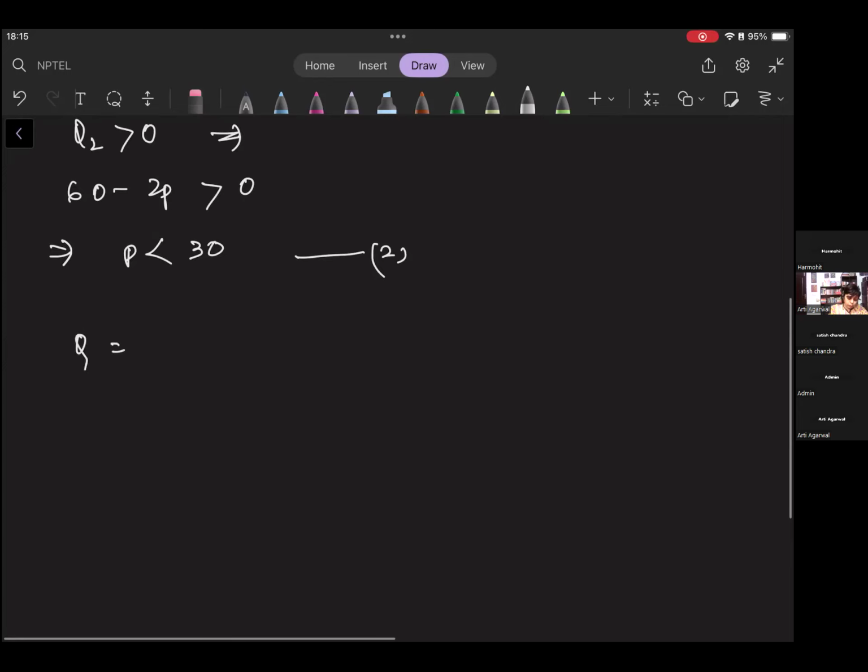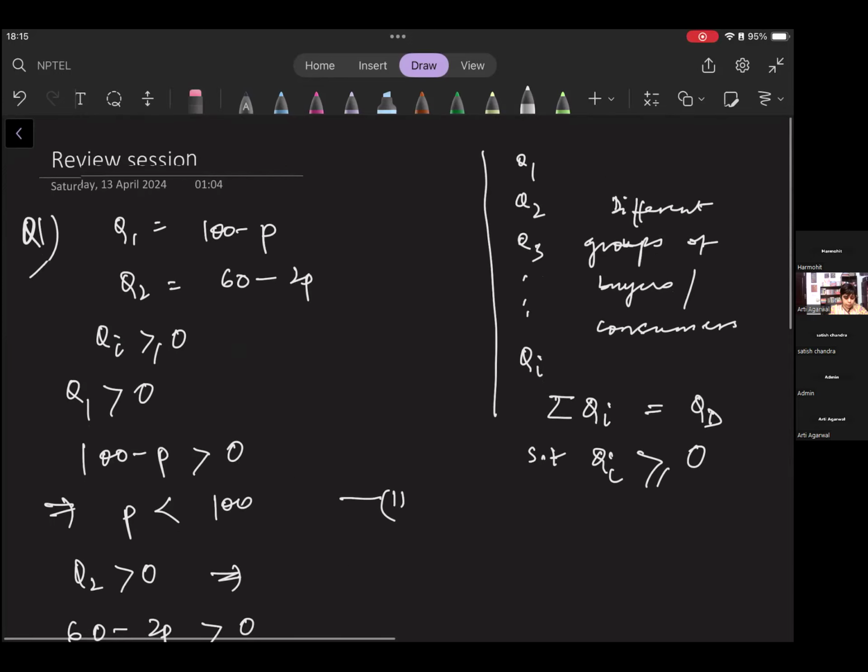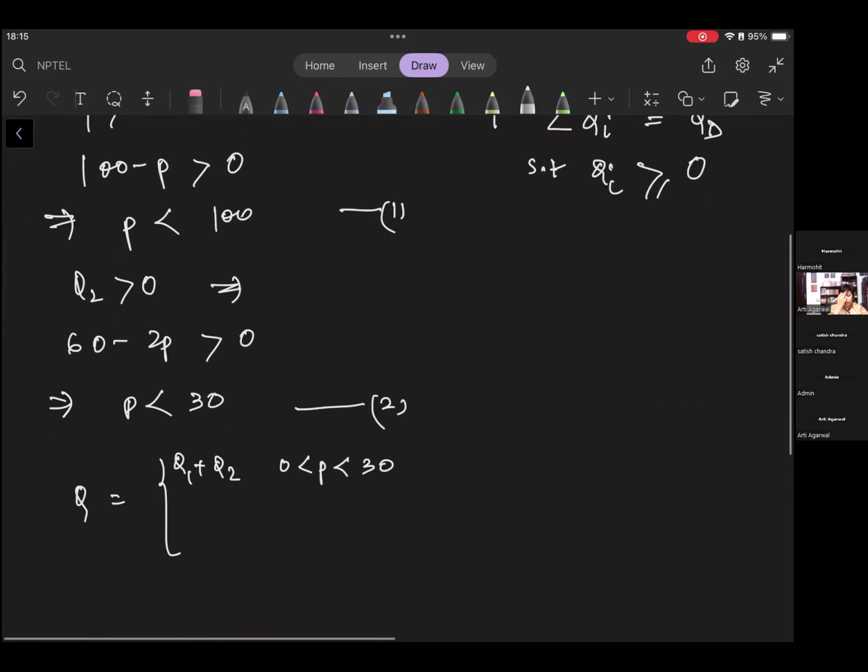Q is equal to, for P between 0 and 30, Q1 plus Q2, because at less than 30, the second group also has demand and the first group also has demand. Both the conditions are met. For the first group, P needs to be less than 100. For the second group, P needs to be less than 30. So both are met.